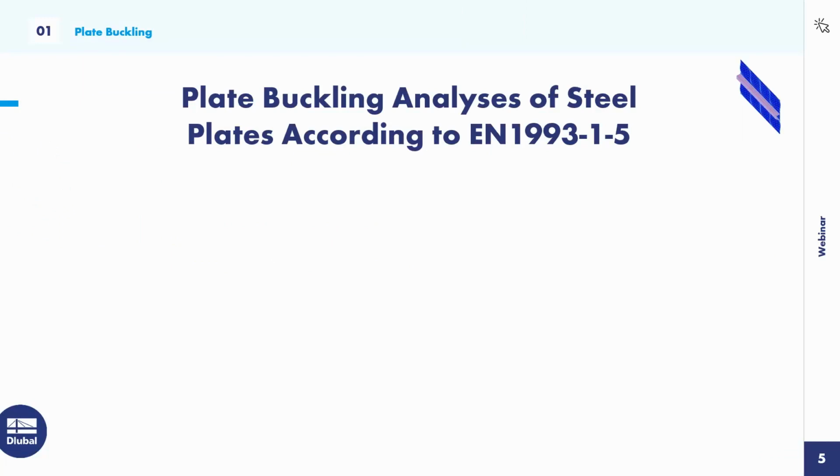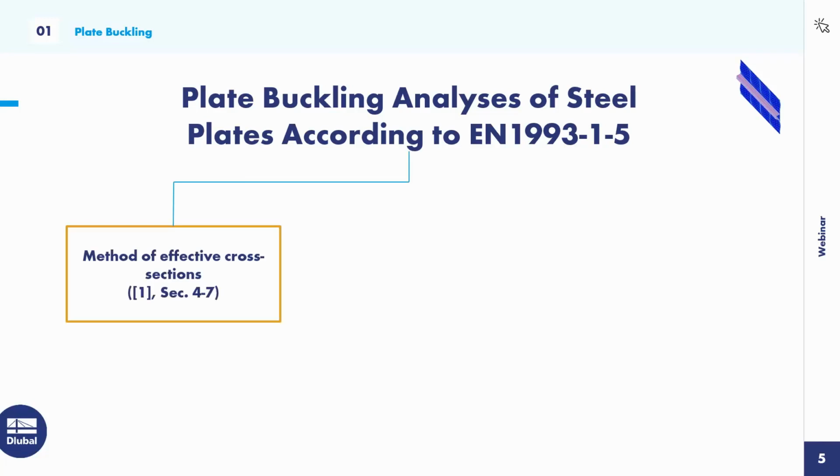First part, plate buckling analysis of steel plates according to Eurocode 3, part 1-5. There are 3 methods implemented. The first is the method of effective cross sections according to section 4.